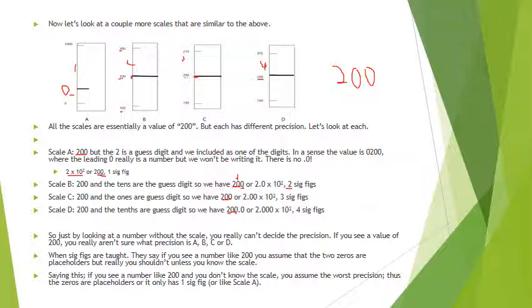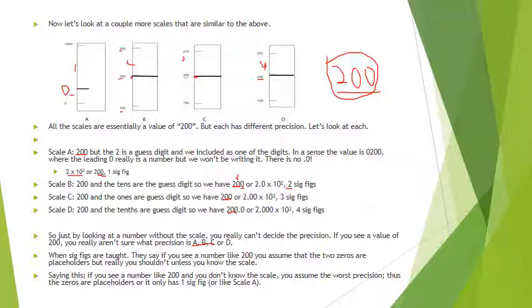Okay, this one has 2.0, so that's different because it doesn't have 0.0 here. So if I write this down, you really can't tell if it's A, B, or C. All right, or it could be D, but really it's between these 3. So if I just wrote down 200 without knowing the scale, you wouldn't know which one it is.